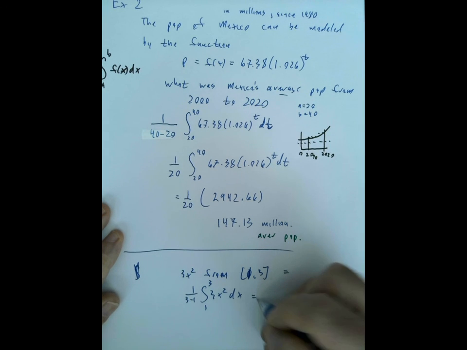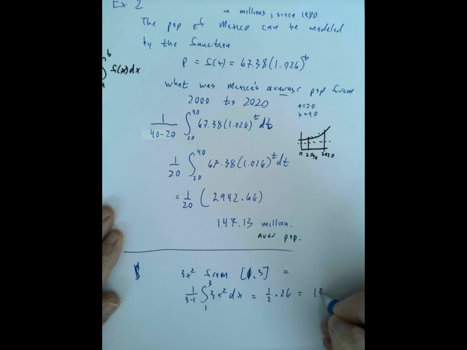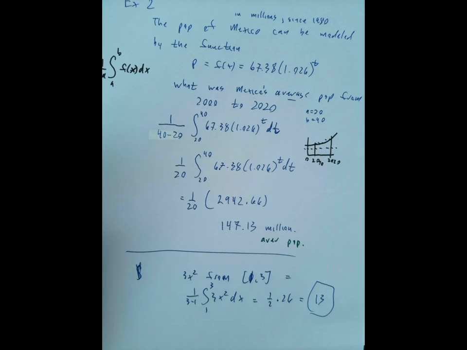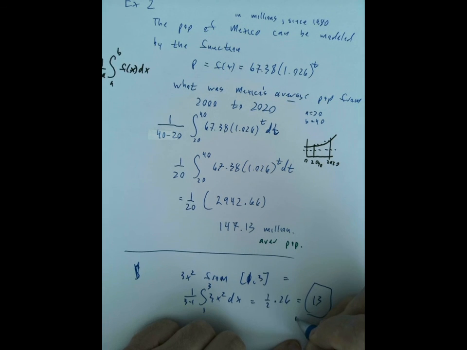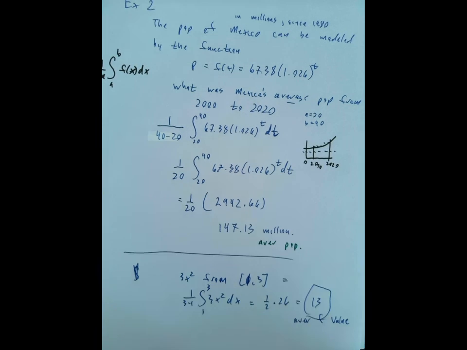So this is equal to 1 over 3 minus 1, which is 2, so 1 over 2 times 26, which is 13. That's the average function value of 3x squared on the interval from 1 to 3: 13. That's the average f value.